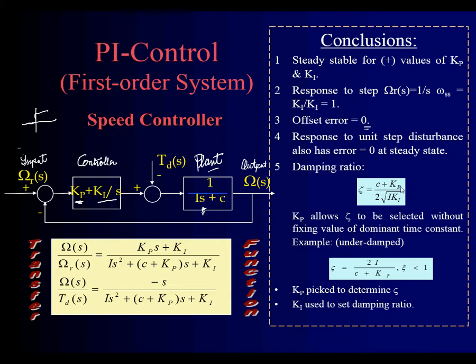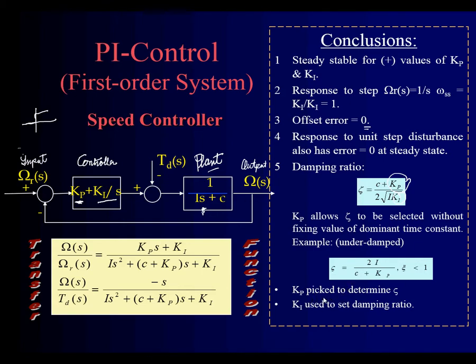And in this case, we have put the damping ratio in terms of the two constants, the Kp as well as the Ki. This allows it to be selected without fixing the value of the dominant time constant. So here's an example for an underdamped system, and then you can pick those to create a specific damping ratio.